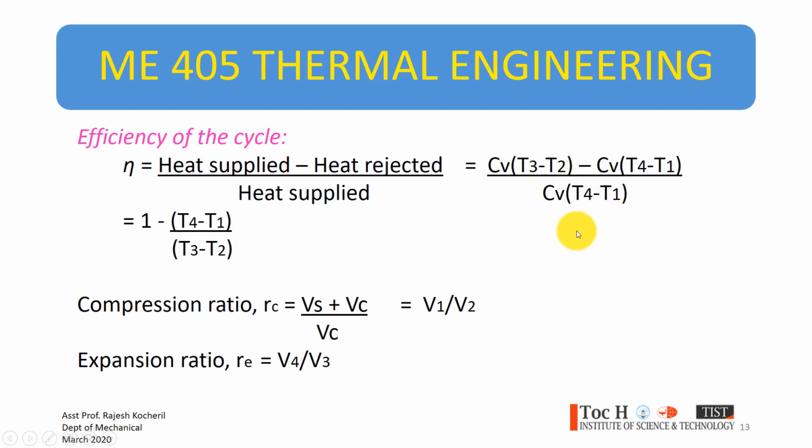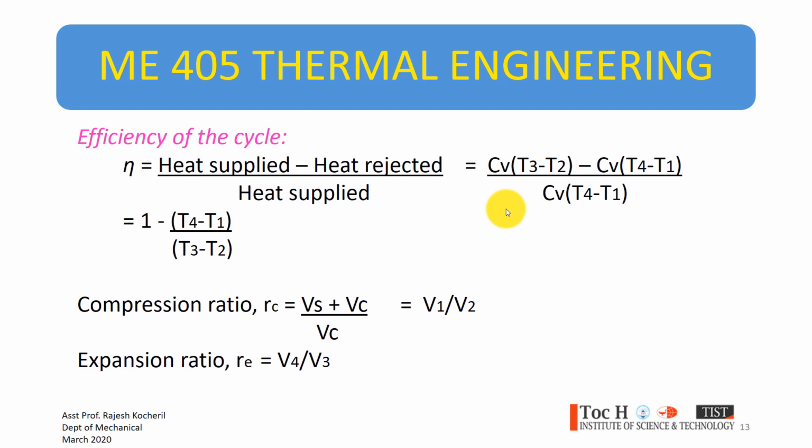The value of Cv is 0.718 and the value of Cp is 1.01, and Cp by Cv is your gamma, and 1.01 divided by 0.718 gives you 1.4. This particular value we should keep in mind for the numericals because it may not be given most of the time.